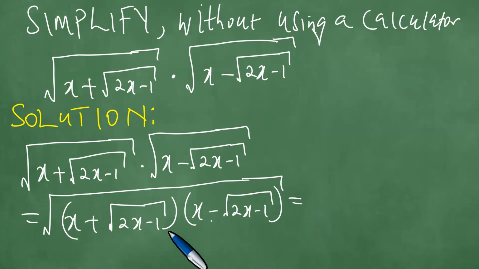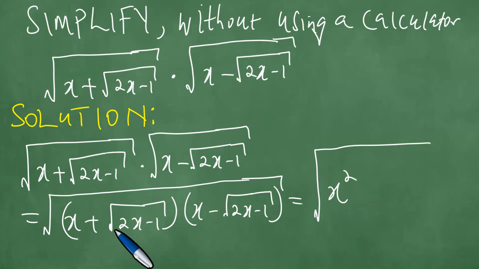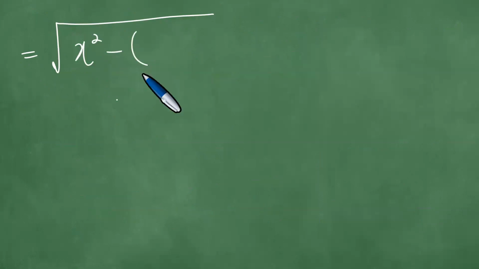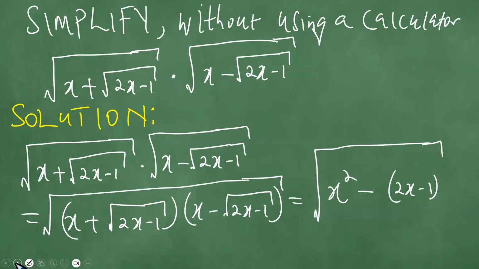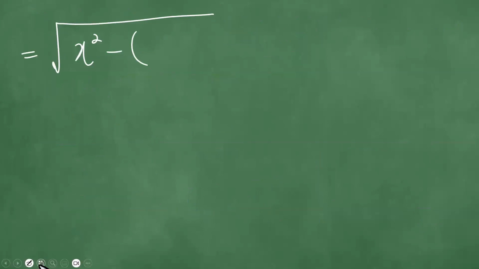This is like a difference of two squares. So you multiply x by x to get x squared, and multiply this by this to get minus 2x minus 1, so it's going to be plus 1.